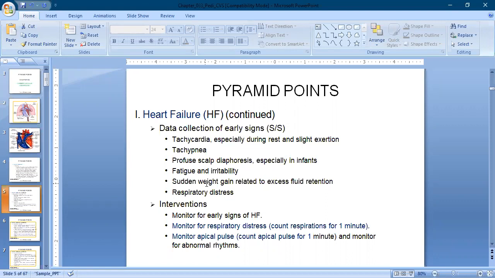Also, heart failure patients develop shortness of breath or respiratory distress. So if the heart function is impaired because of congenital heart disease, the most common signs and symptoms are tachycardia, hypotension, pallor, and weak pulse.